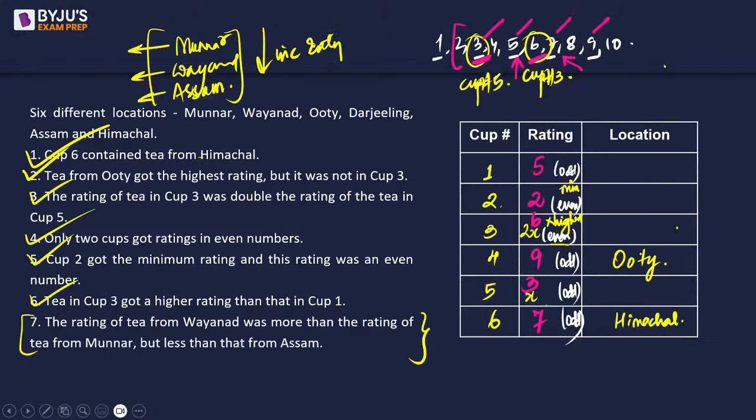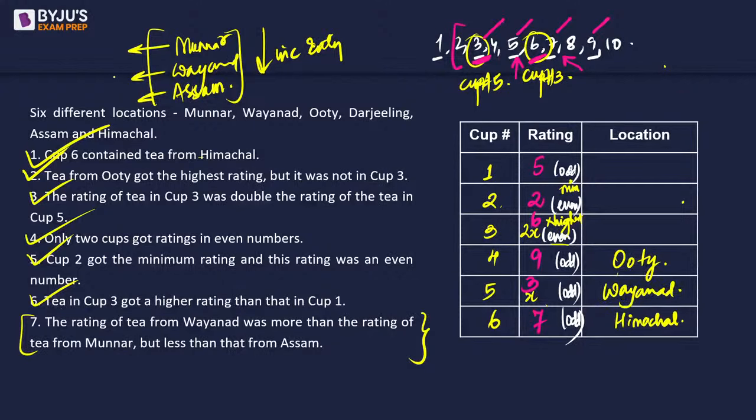Wayanad and Ooty. So if Ooty is 4, there are 2 possibilities. This could be Wayanad. If 3 is Wayanad, then 2 is going to be Munnar. No, it's not possible, right? Because if 6 is Wayanad, then we need a rating more than 6, which is not available. So of course, Wayanad can't take cup number 3. Wayanad will have to take cup number 5.